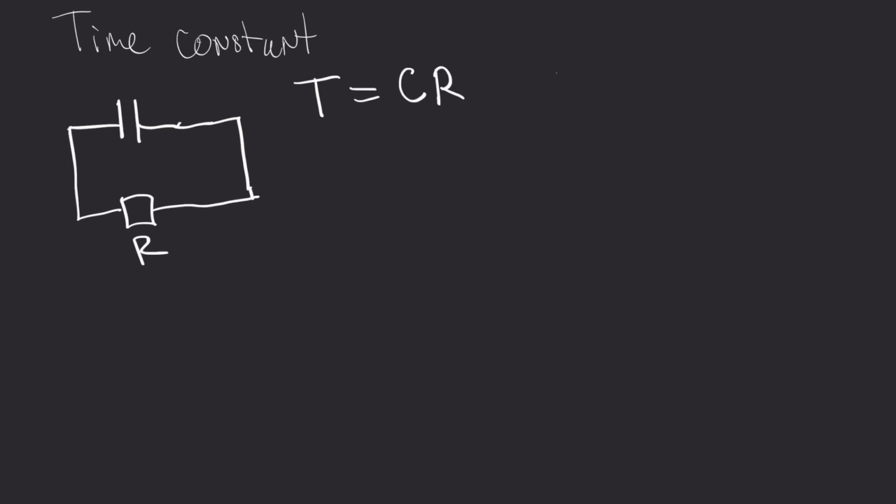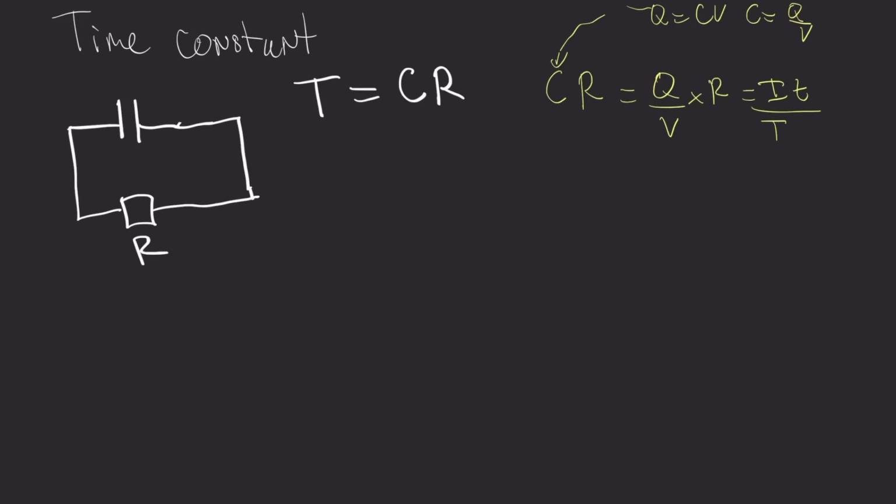If I was to multiply capacitance by resistance, well, because Q is equal to CV, capacitance is just equal to Q over V. So I can plug this in here, and what I get is Q over V times R. Now, remember though, from first year, charge is equal to current multiplied by time, and voltage is equal to current multiplied by resistance.